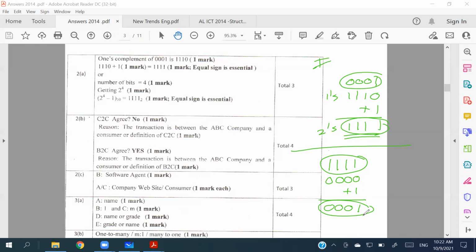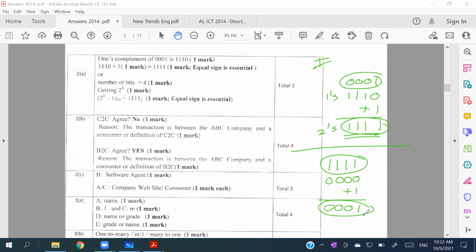They have said C2C is considered as selling DVDs to consumers. Now, C2C is not selling DVDs to customers. Selling DVDs to consumers is B2C, because the one who is selling the DVDs is a company, ABC company, selling those things to a consumer. So business to consumer, right?